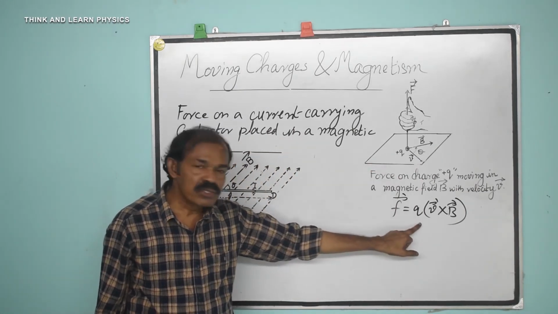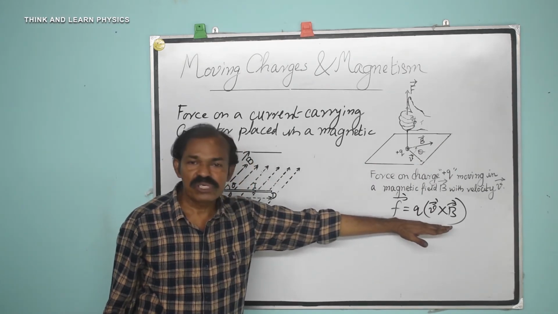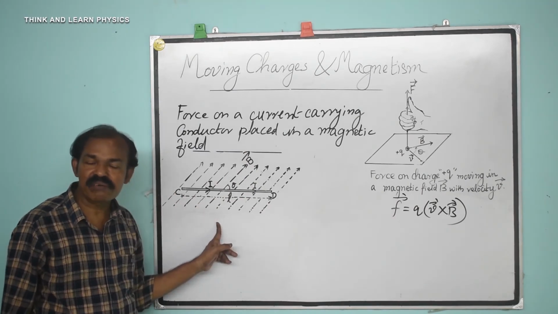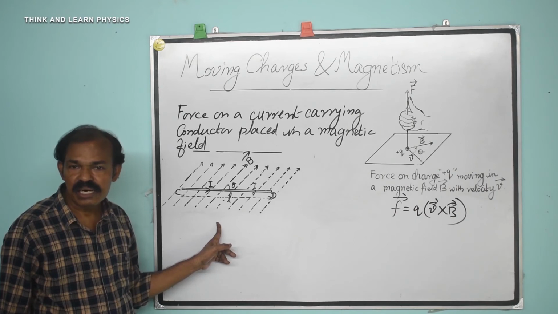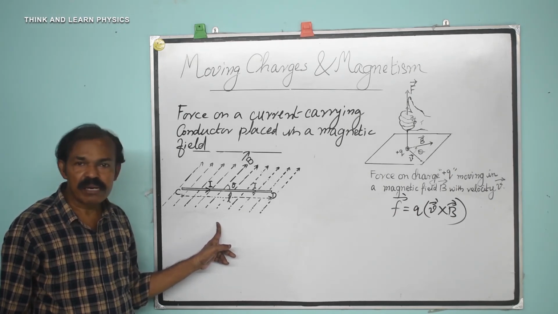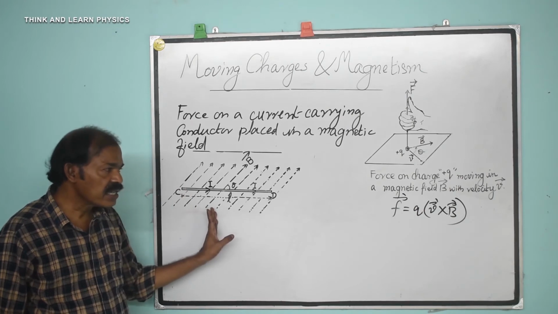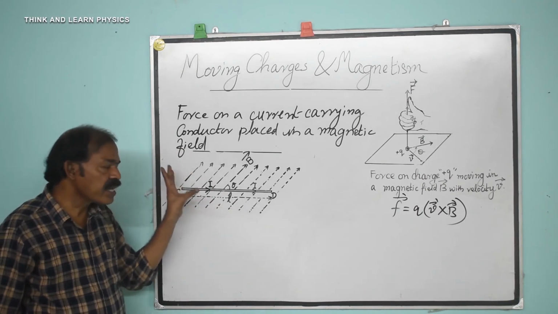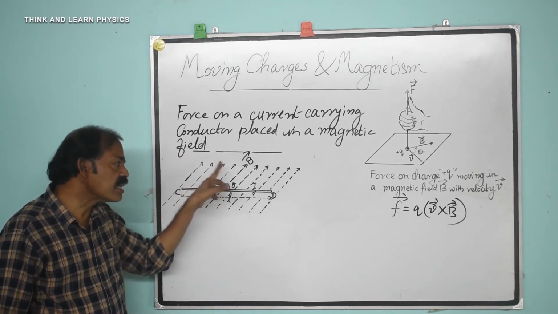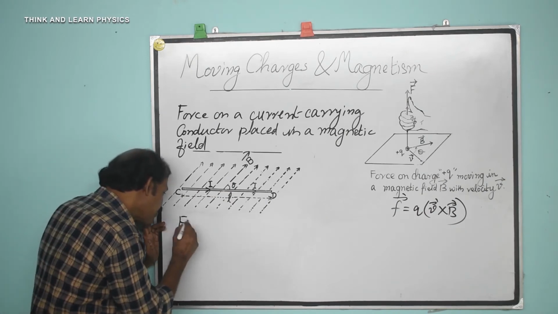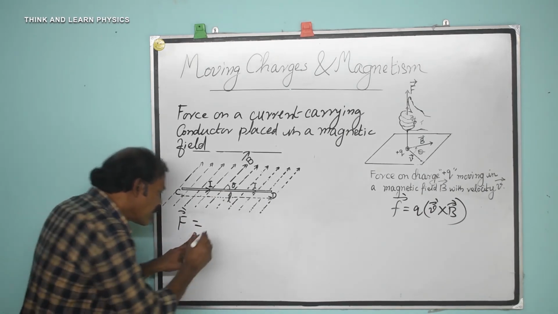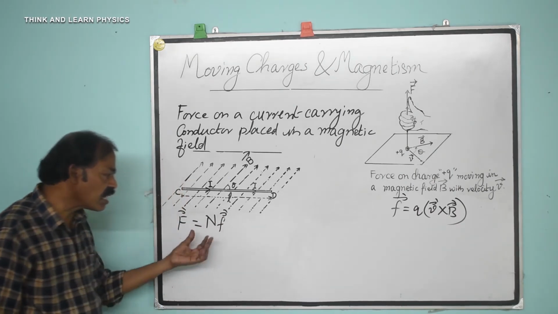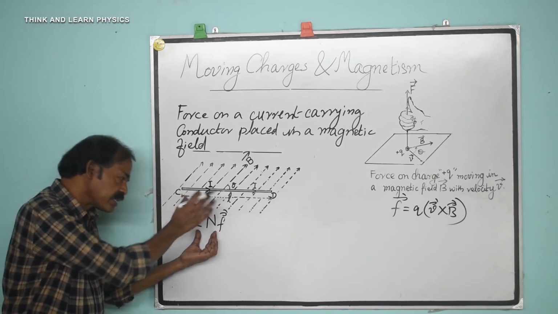Now we can use this expression for the force acting on each charge carrier moving inside this conductor, and thus we can find the total force acting on the conductor by multiplying the number of charge carriers inside the conductor with the force on each charge carrier. That means the total force acting on this conductor when it is placed in a magnetic field is given by F vector equals N into small f vector, where N is the total number of charge carriers inside the conductor.